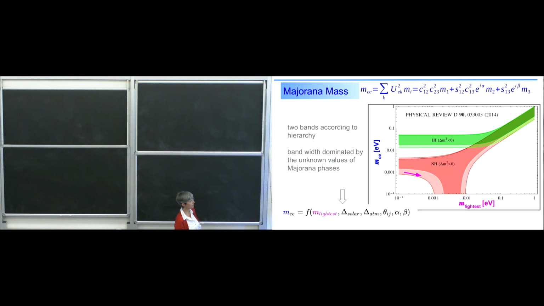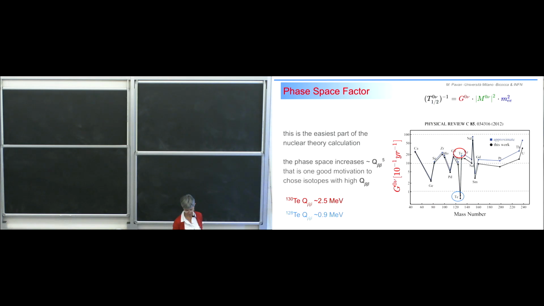Achieving a sensitivity that is in here is extremely challenging. So at present, it's very, very difficult to think of going beyond this level. This is one of the points that we want to understand better in this lecture.